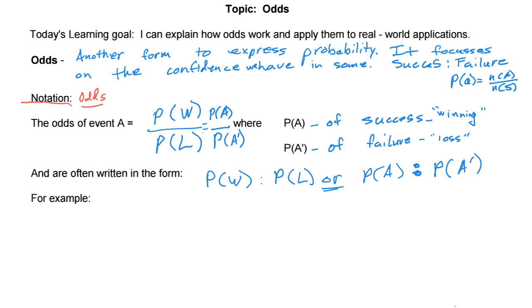You could also imagine it as N of A compared to N of A's complement. So if we know the number of times we win, or we know the number of times we lose, we can always come up with that ratio. So take, for example, the probability of rolling a 3.